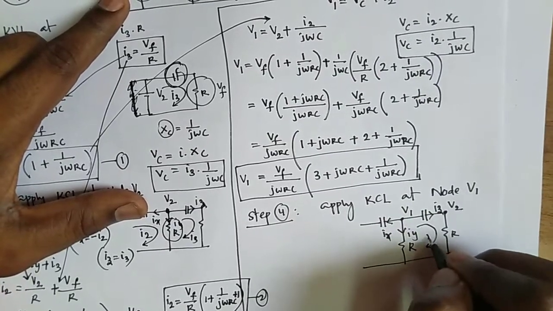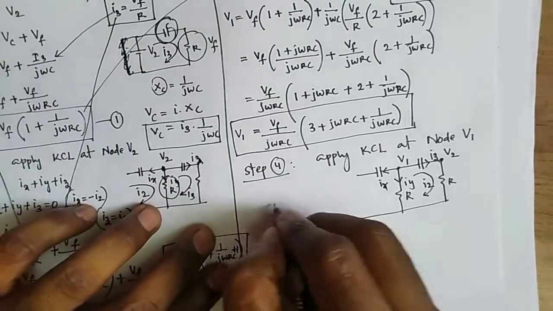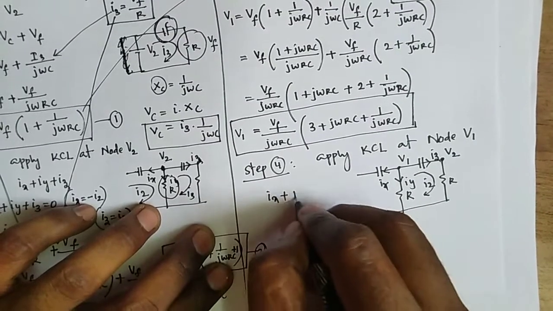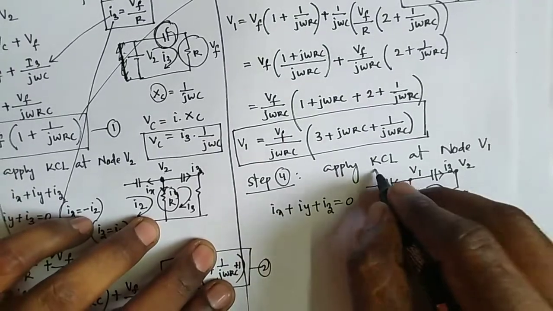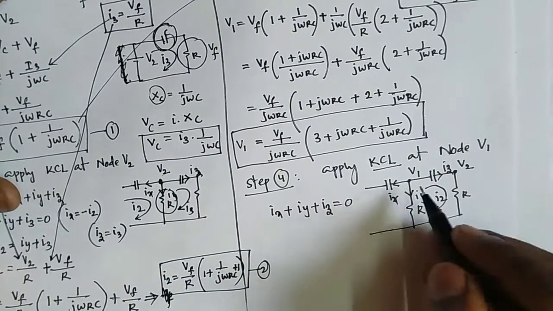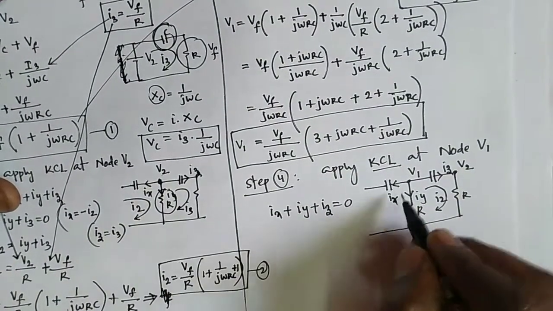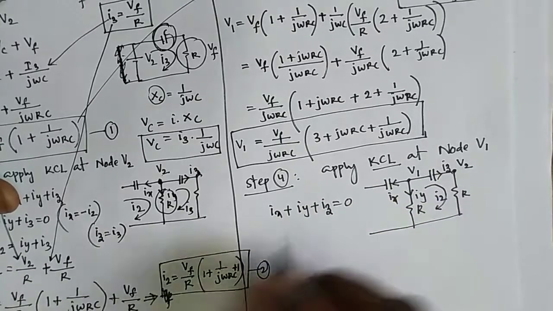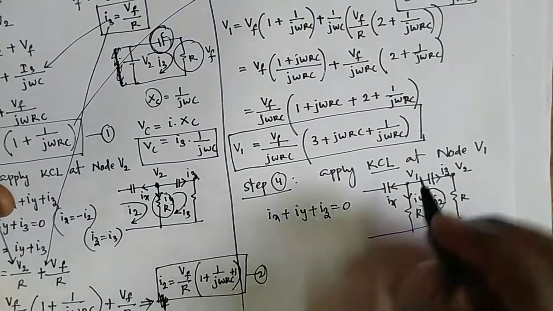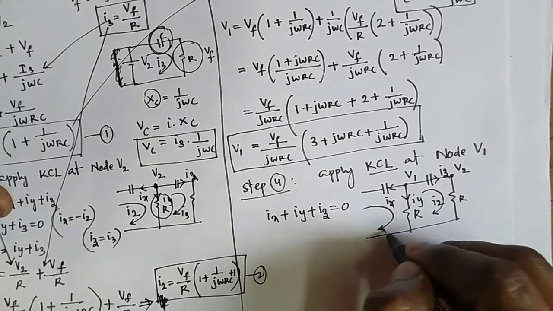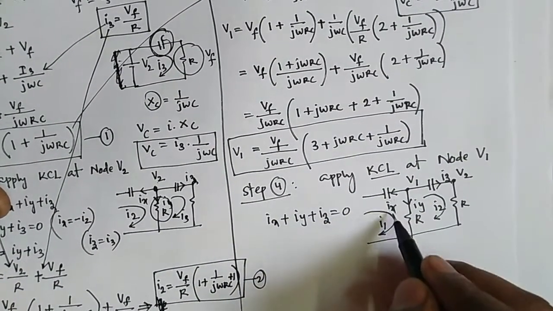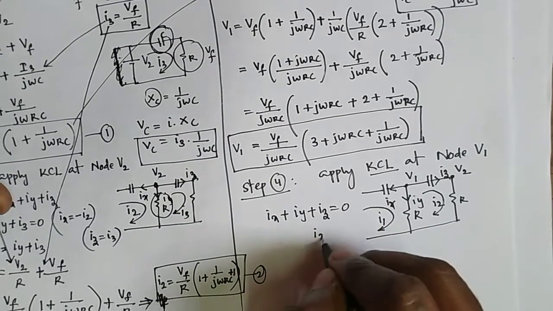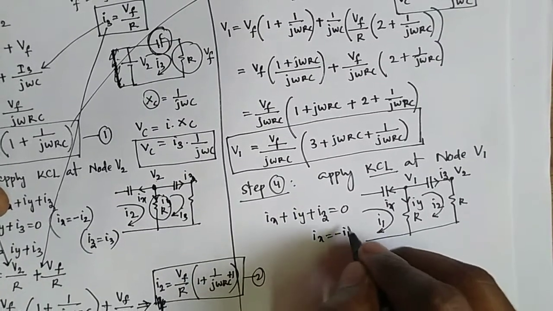So Ix plus Iy plus Iz is equal to 0. You know KCL: the algebraic sum of all outgoing currents is equal to 0. But in mesh analysis the current is I1. I1 and Ix are in opposite directions, so Ix is equal to minus I1.